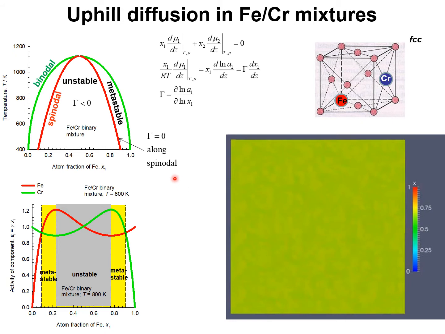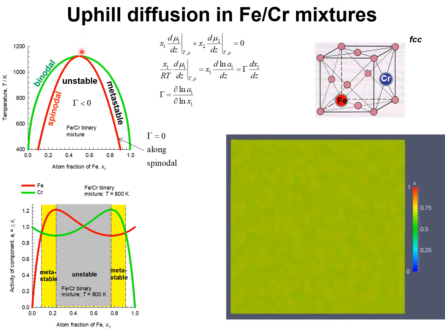non-ideal solution thermodynamics. For all temperatures above 1100 degrees Kelvin, the iron-chromium mixture is homogeneous, and when this mixture is subject to perturbations, the diffusion will occur to even out these fluctuations and result in uniform compositions.